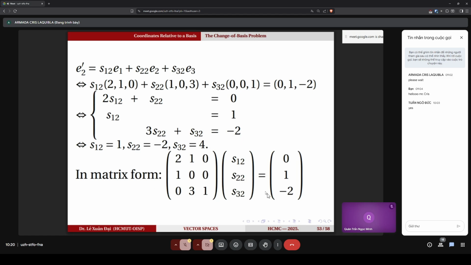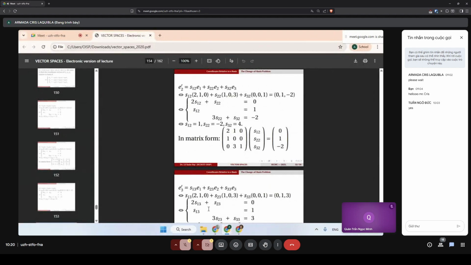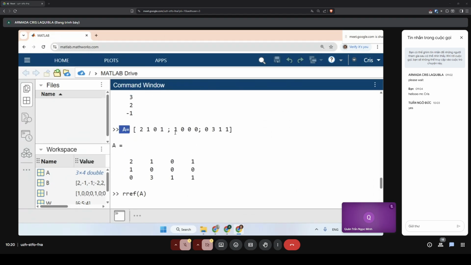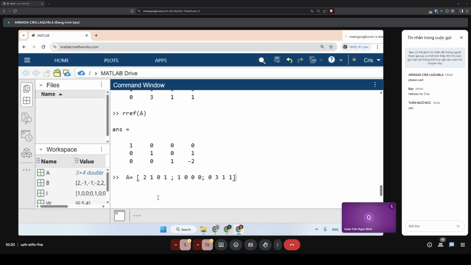Now we will type it in MATLAB to check if this is correct. 1, -2, 4. We just replace that number there with 0, 1, -2 because they're the same. So go to MATLAB, 0, 1, -2. I just copy that.